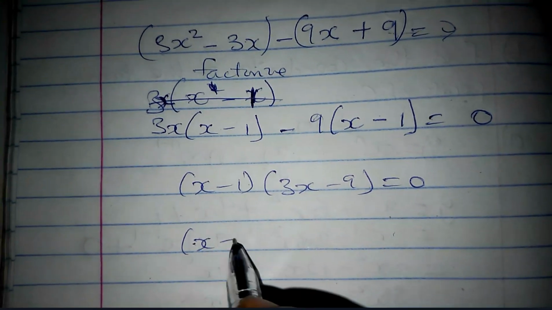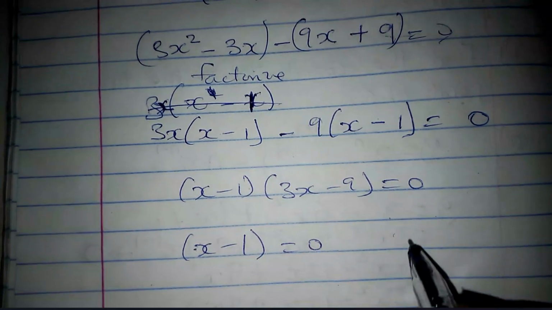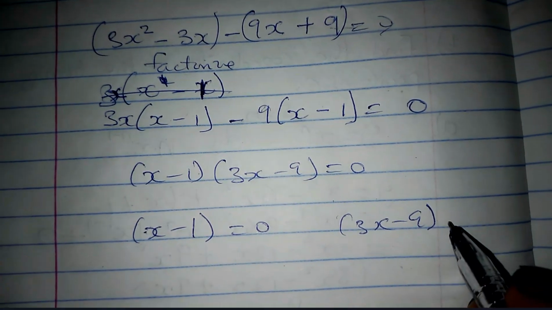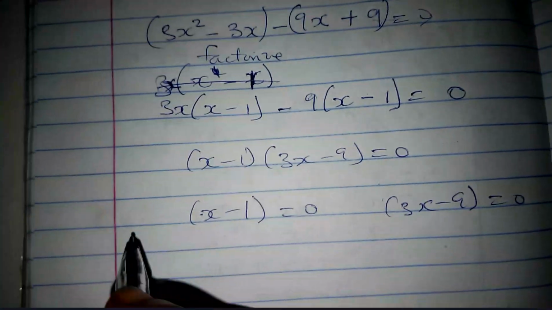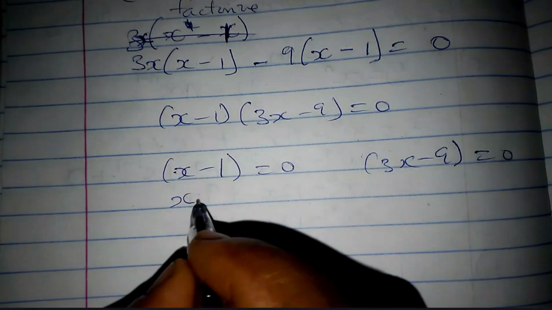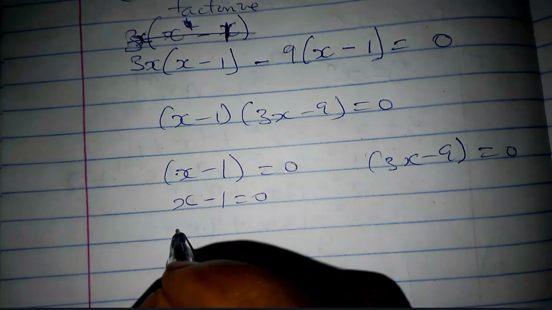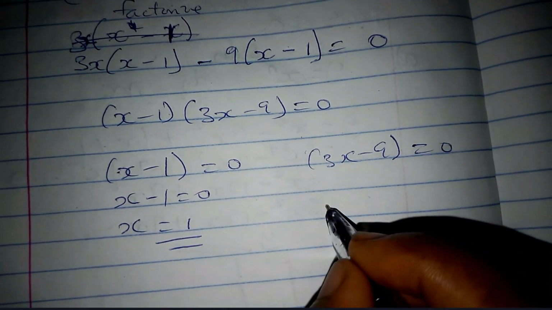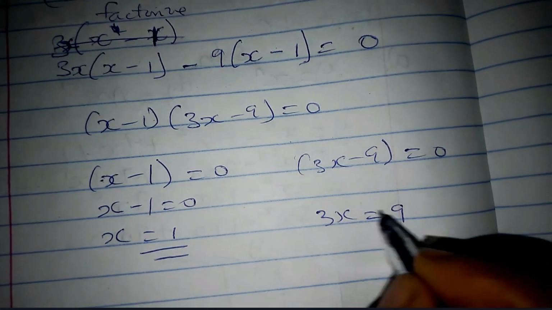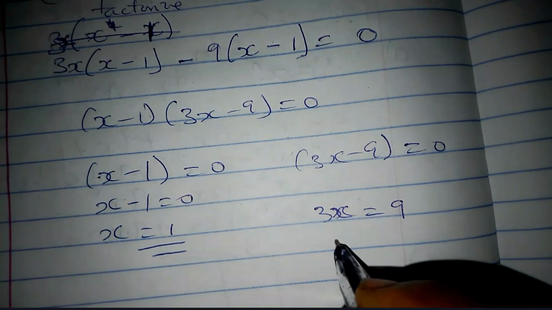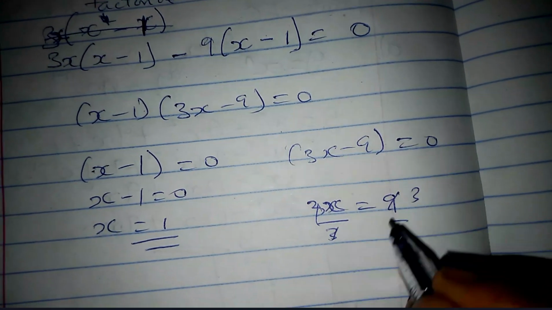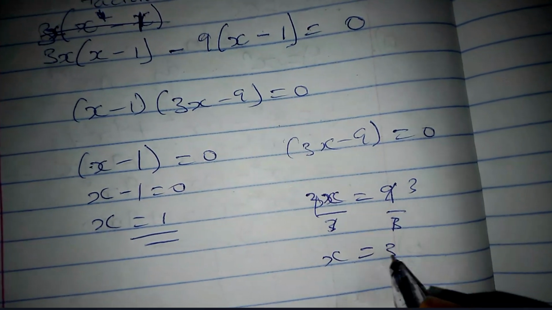In the first scenario, x minus 1 is equal to 0, therefore x is equal to 1. In the second scenario, 3x minus 9 is equal to 0, so 3x is equal to 9, meaning dividing both sides by 3, x is equal to 3.